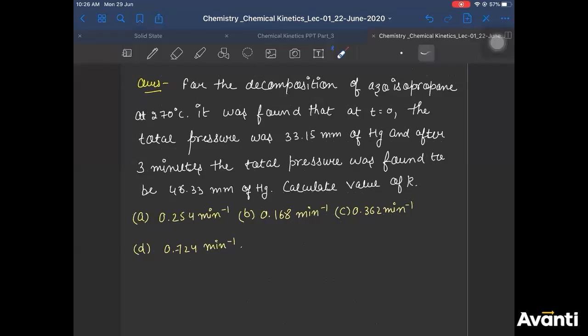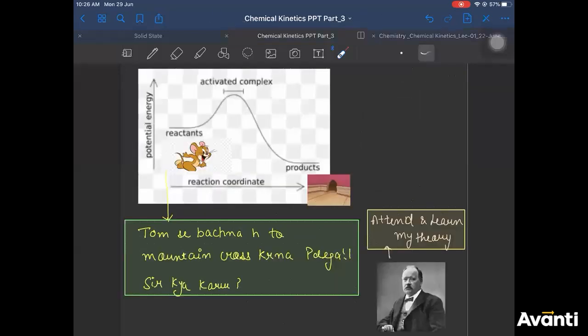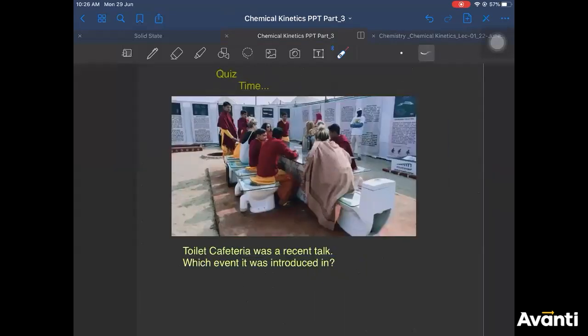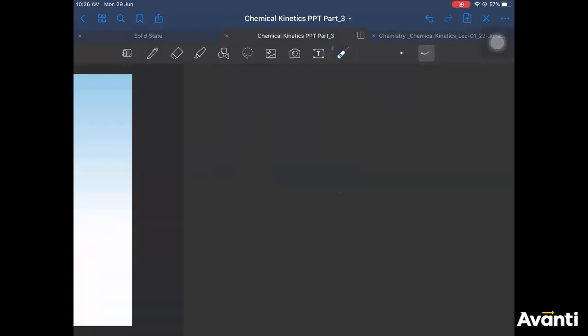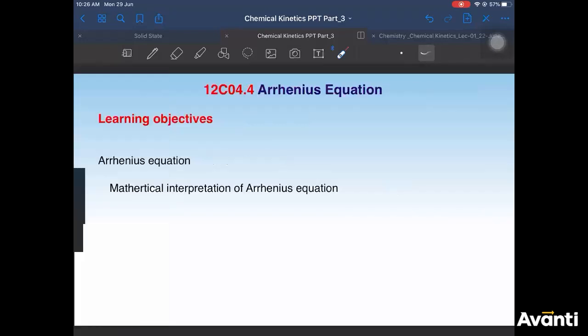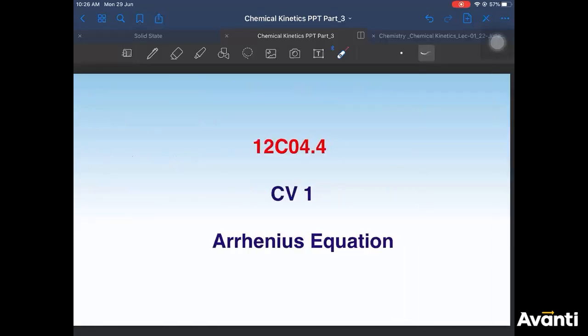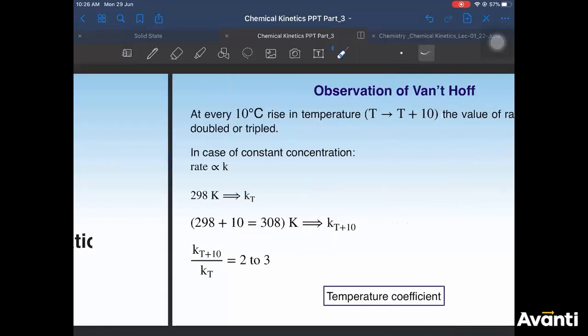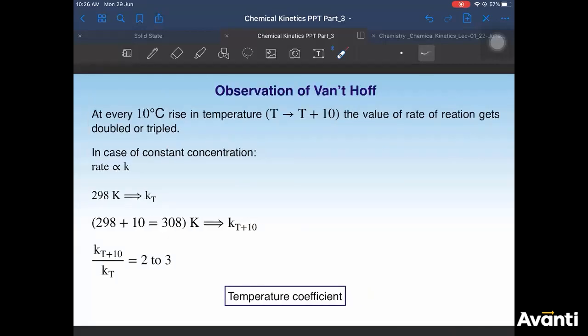Right. So next, I will quickly introduce the effect of temperature. The Arrhenius equation is tomorrow's topic. We'll come to it, but one important thing I'll tell you today. The Arrhenius equation helps us identify the effect of temperature. So see this carefully, this is very important.